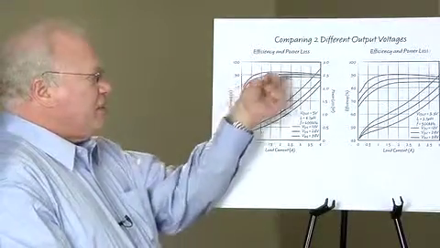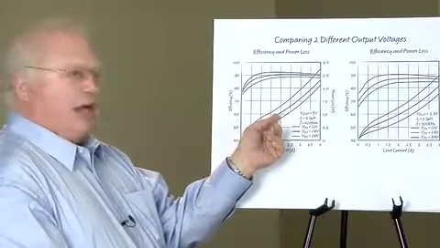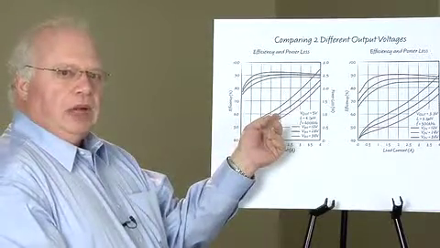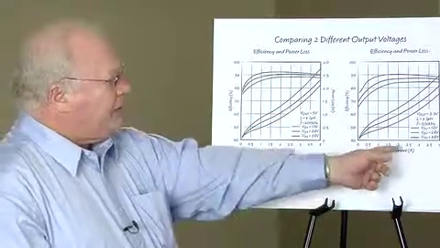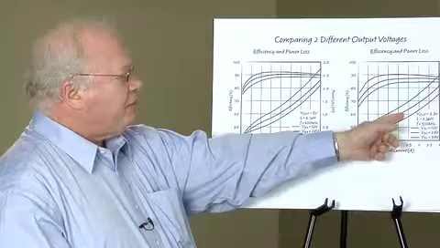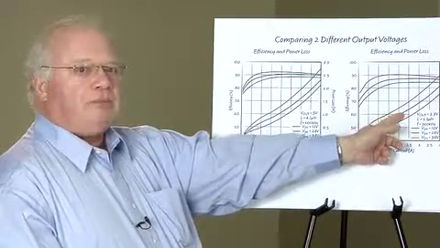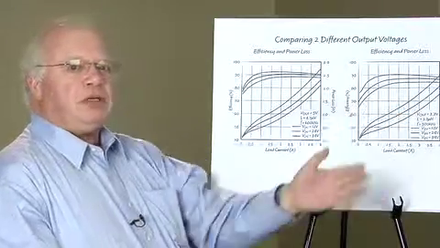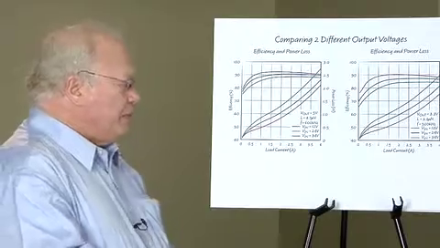This is the efficiency here, this is the power loss. If I look at 2 amps at a 24 volt input, I have 1 watt of power loss. If I go over to this circuit at 24 volts input and 2 amps, I also have 1 watt of power loss. And this power loss includes switching, inductor losses, everything. It's the total circuit being measured.